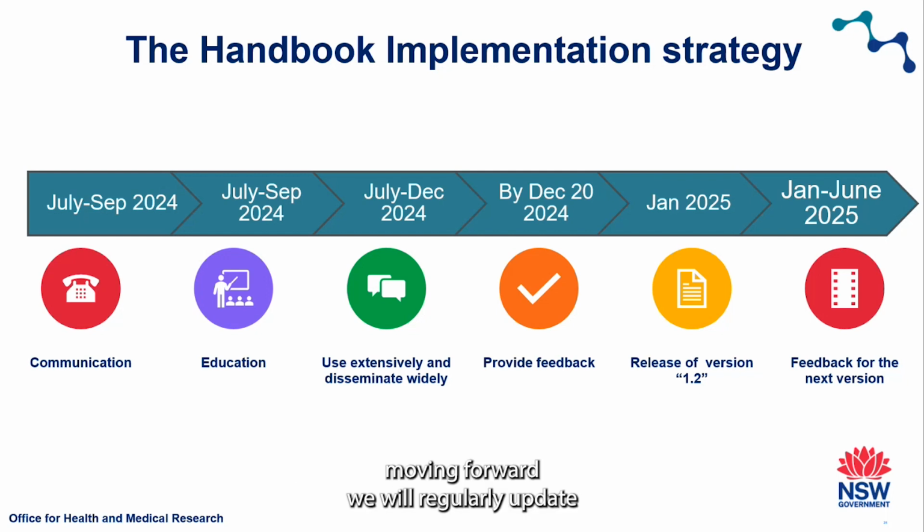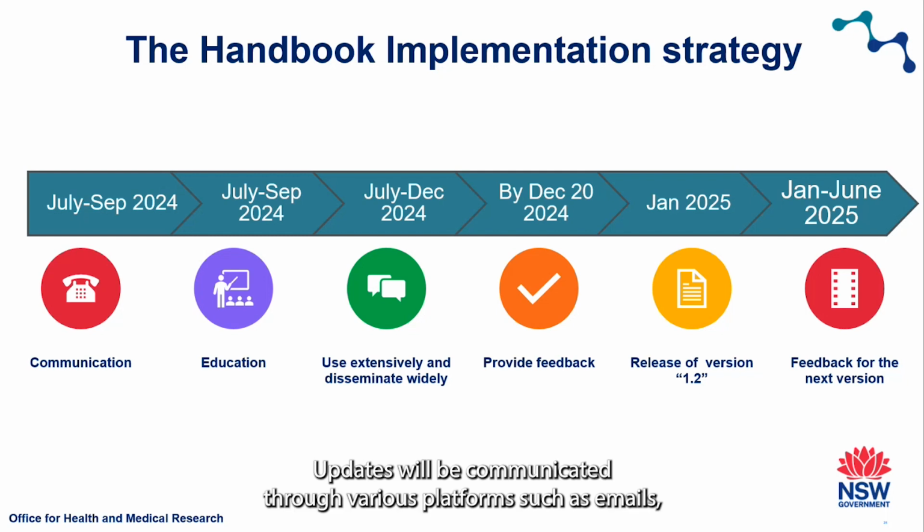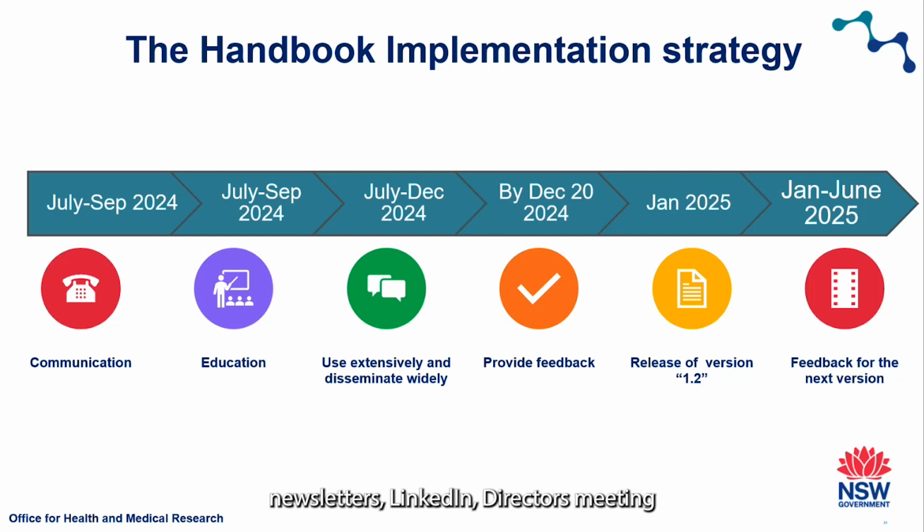Our strategies moving forward: we will regularly update all our stakeholders on the release of the handbook and inform you of any changes or additions. Updates will be communicated through various platforms such as emails, newsletters, LinkedIn, directors meetings, and others to ensure everyone remains informed.